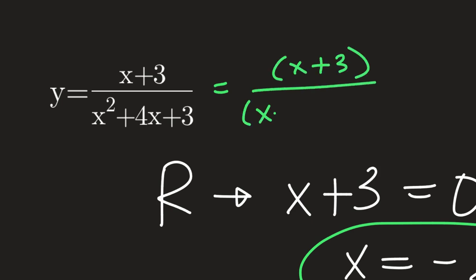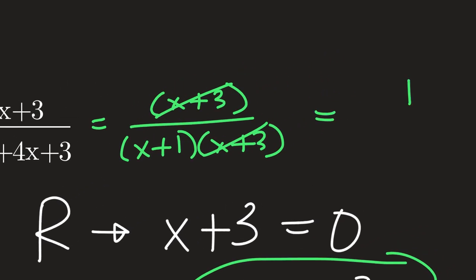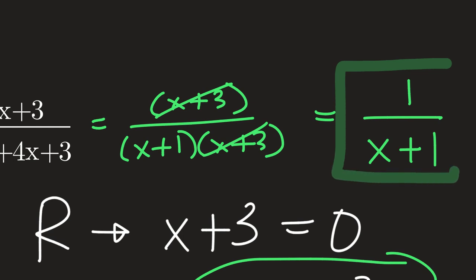And the bottom we said factored to x plus 1 and x plus 3. So we can divide x plus 3 by x plus 3 and get the basic equation 1 over x plus 1. So this is going to be our rational equation that we end up graphing. With one exception, it's going to have a hole at negative 3. So where the graph crosses negative 3, we are going to have a hole.